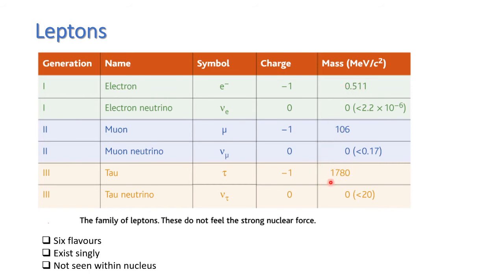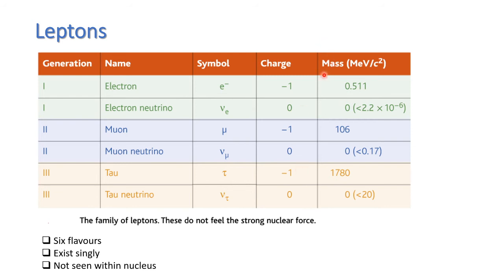The heavier particles were found later, meaning in the third generation, because to reveal the heavier particles, the scientists needed more and more energy to reveal these structures, right? So until the time came to develop particle accelerators to generate high energy particles to collide on these structures, they were not discovered.